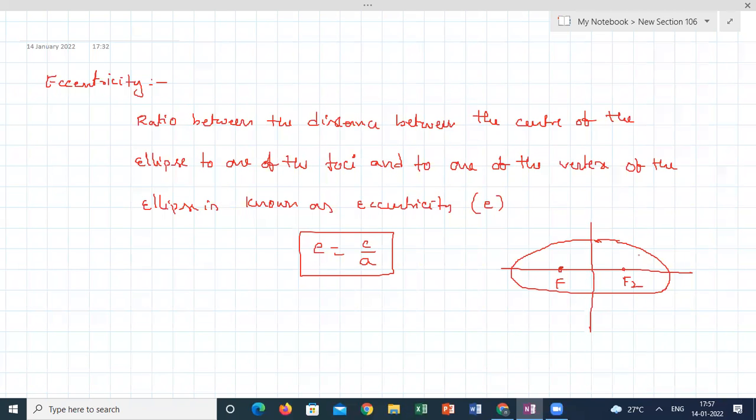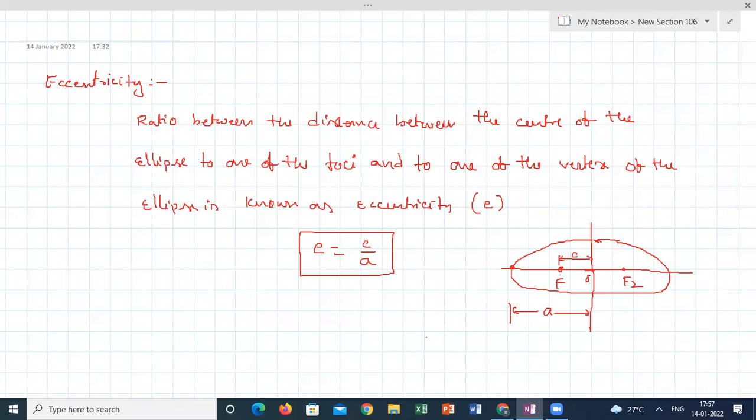The ratio is between the distance from the center of the ellipse to one of the foci and to one of the vertices. From the center to the focus is C and to the vertex is A. This will give the eccentricity.